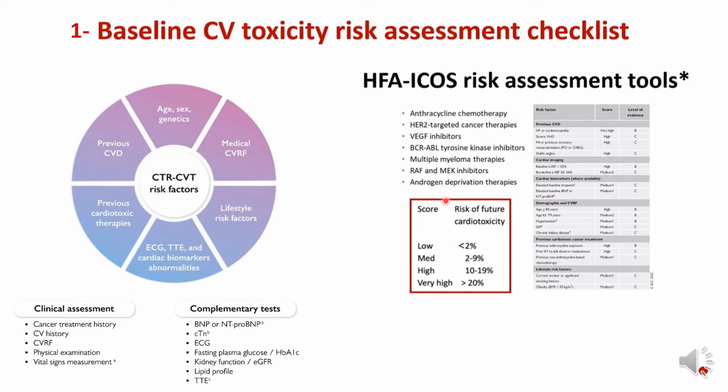Then we have a risk score for this patient. Grades start from low risk, medium, high, reaching very high risk. For example, a very high risk means this patient has a potential of more than 20% of developing cardiotoxicity during this therapy.